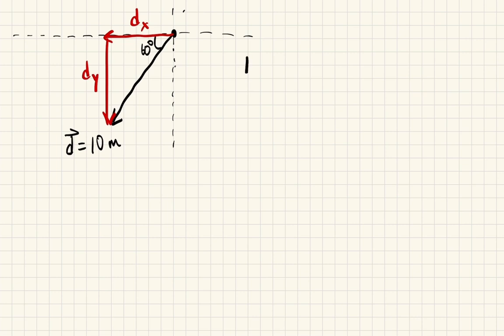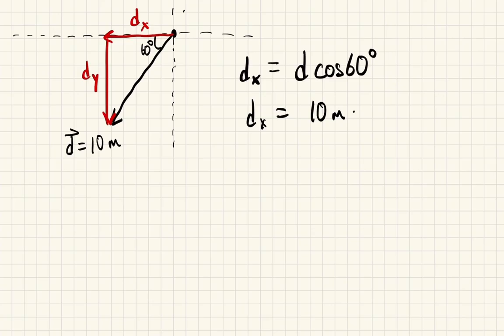And so here, the x component of the displacement vector would be the magnitude of the displacement vector times cosine of the angle. And so that would be 10 meters times cosine of 60, which is 1/2. And so the magnitude of the x component is going to be 5 meters.